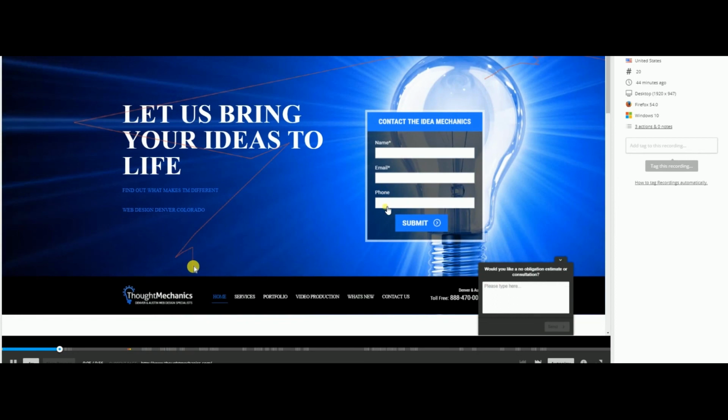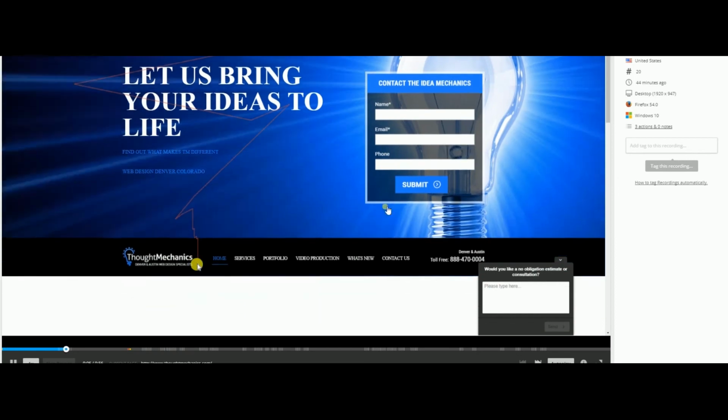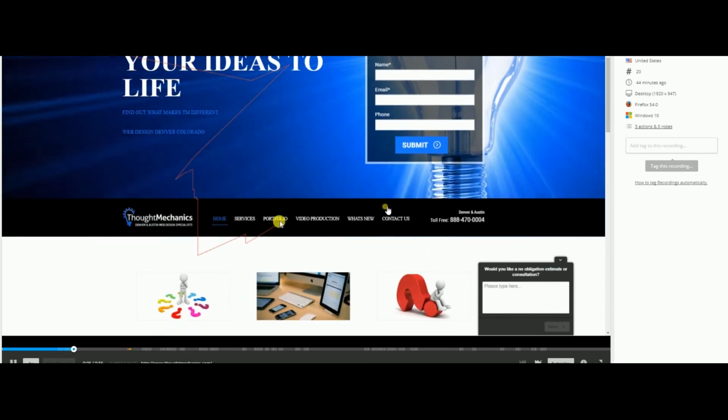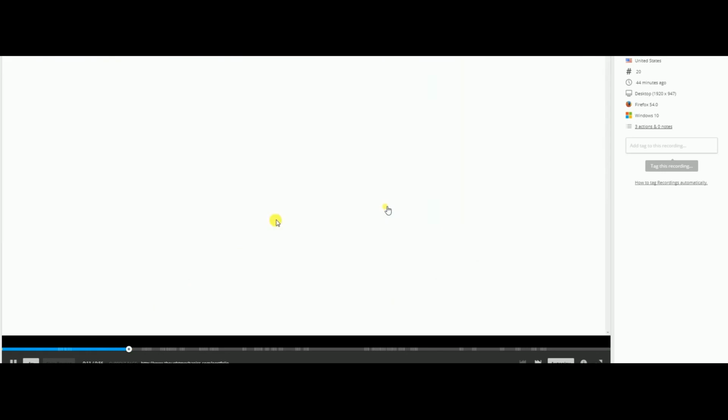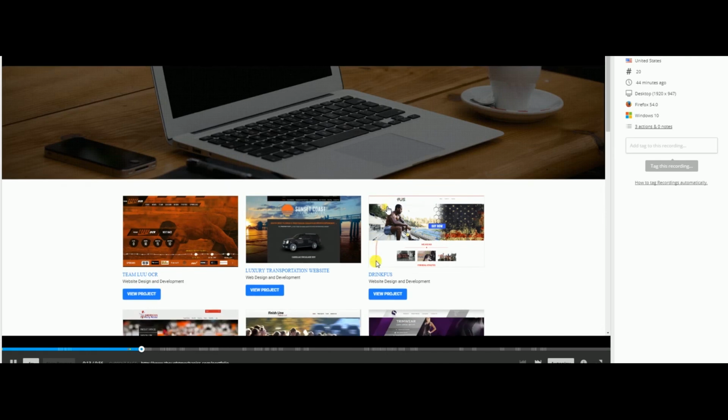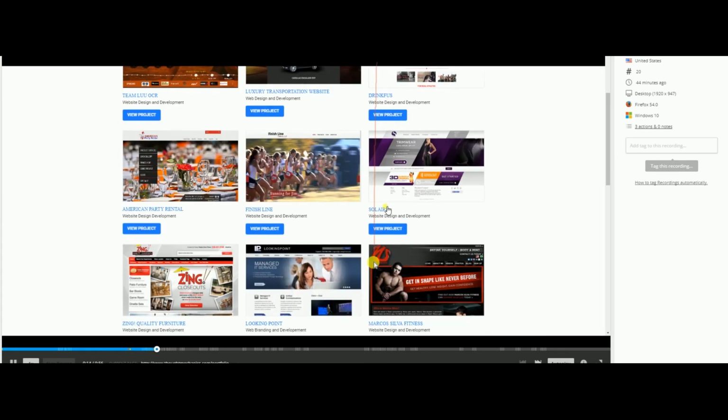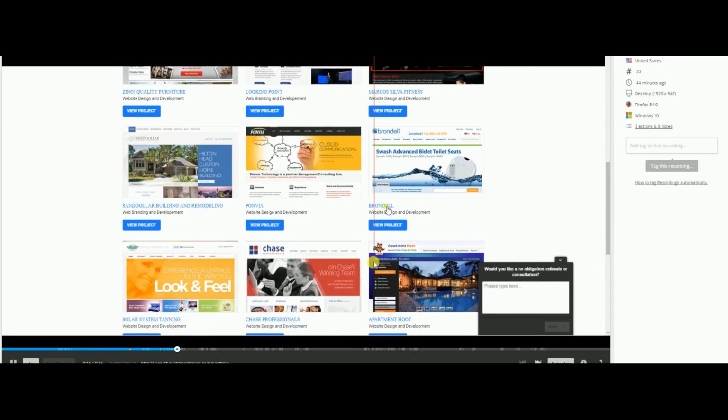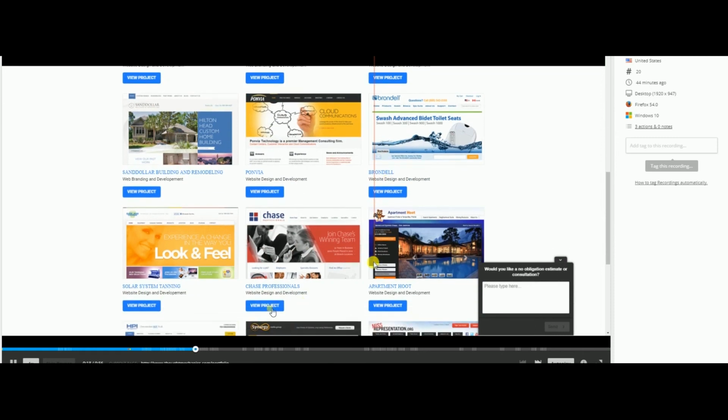And now they're going to start to scroll. And as they scroll down, here in a minute, you're going to see they'll click on a portfolio page, and you can see that they're actually checking out our portfolio on the website, which is ideally what we'd like to see. They seem to be interested in our work, want to see examples of our work, and so they're looking at our portfolio.